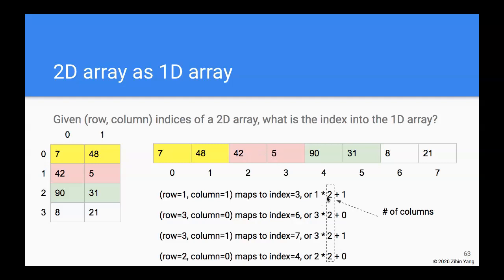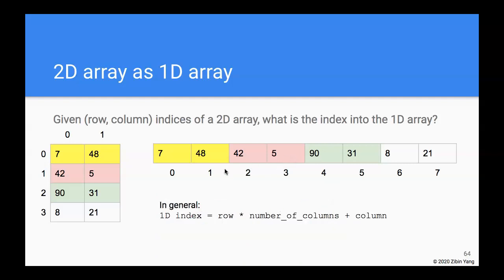This is the row number, and how many elements per row, plus the column, right? So the multiplication gets us to the right row in the 1D array, and then the column index gets us to the right column in that row. So if you want to see the general formula, the 1D index is really, again, the row multiplied by the number of columns plus the column index itself.